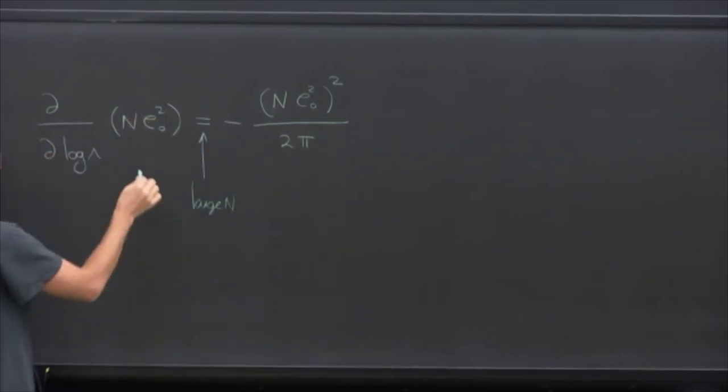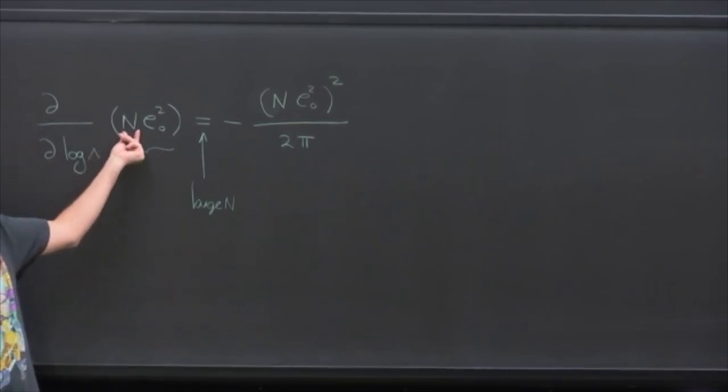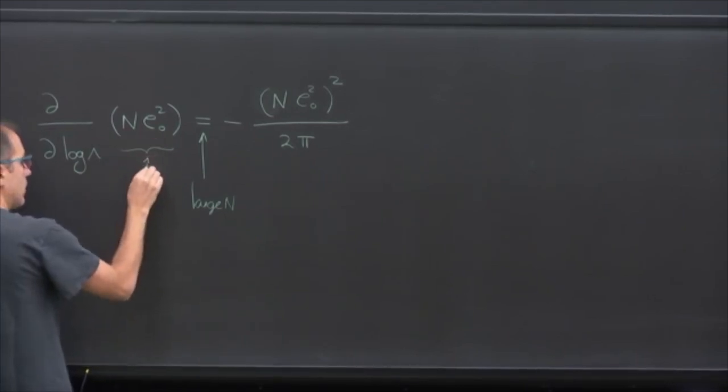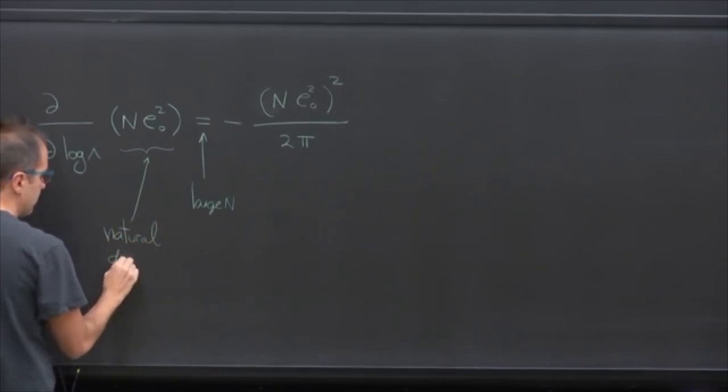Okay? And so this variable, if I say that I start at some energy scale with N very big, e0 very small, and this product fixed, this is a double scaling limit, right? So this would be the natural double scaling limit.